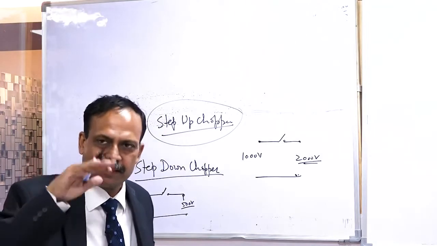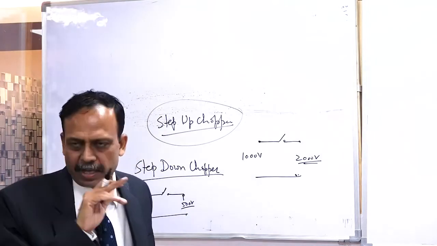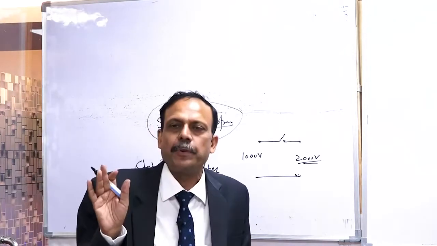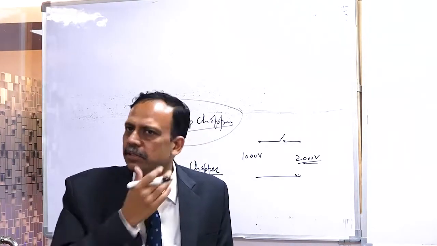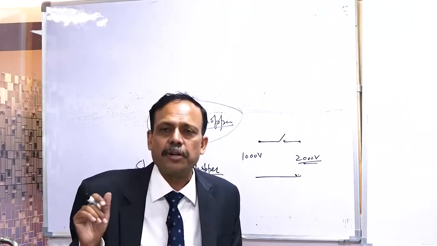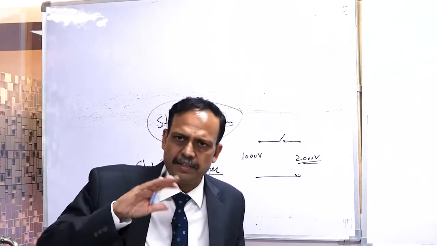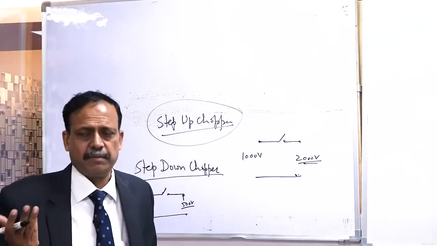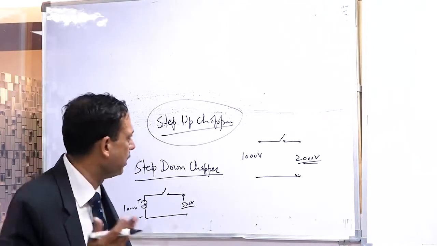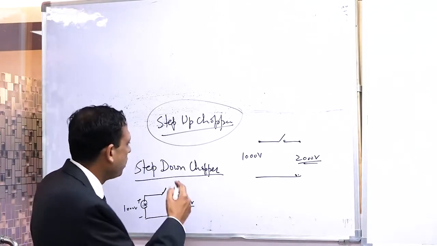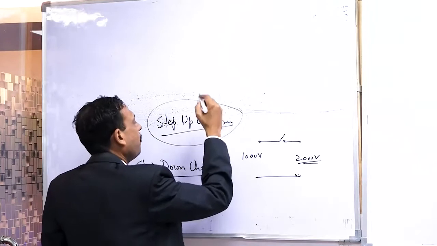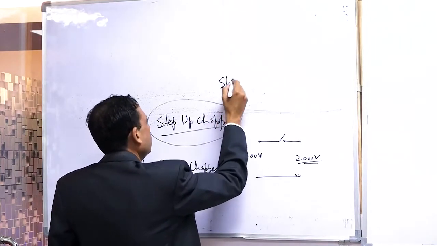That is a concept in quadrant. We will be studying thyristor chopper 4 quadrant operation. That is the study of the choppers in different quadrants, whether it is generator, regeneration mode or in the load mode, that we will be discussing. But basically step down, there is another chopper which has both facilities, step up and step down.